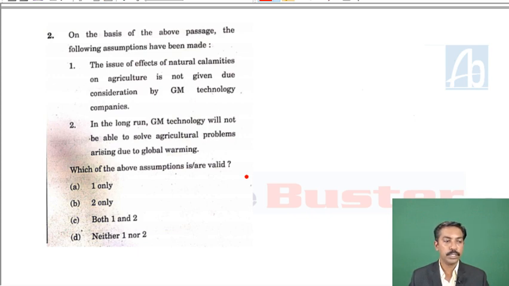Question number 2. On the basis of the above passage, the following assumptions have been made. Statement 1: the issue of effects of natural calamities on agriculture is not given due consideration by GM technology companies. Statement 2: in the long run, GM technology will not be able to solve agricultural problems arising due to global warming.